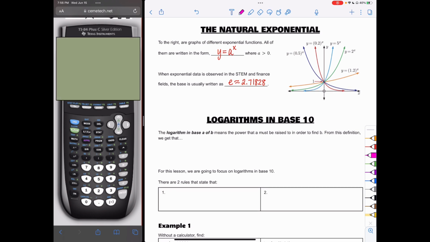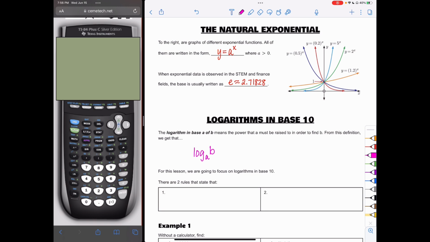Now let's look at logarithms in base 10. Here it says that the logarithm in base a of b actually means that we're trying to find the power that a must be raised to in order to get b.